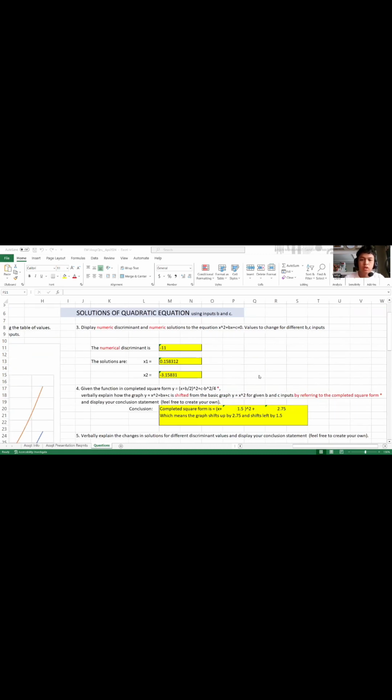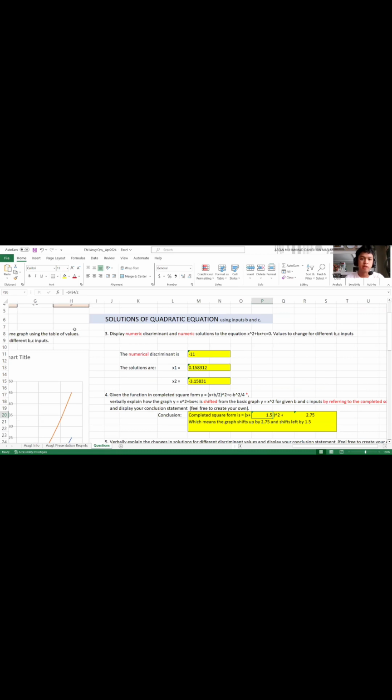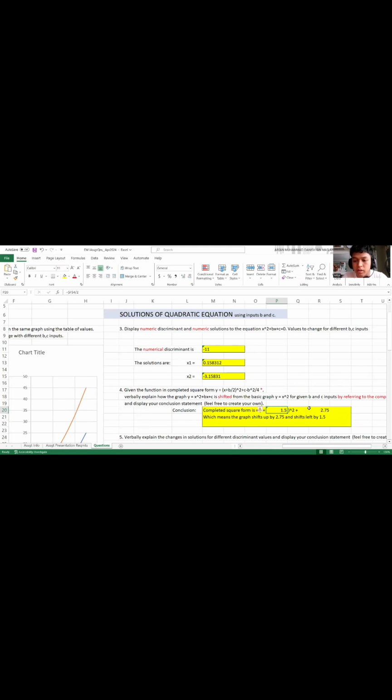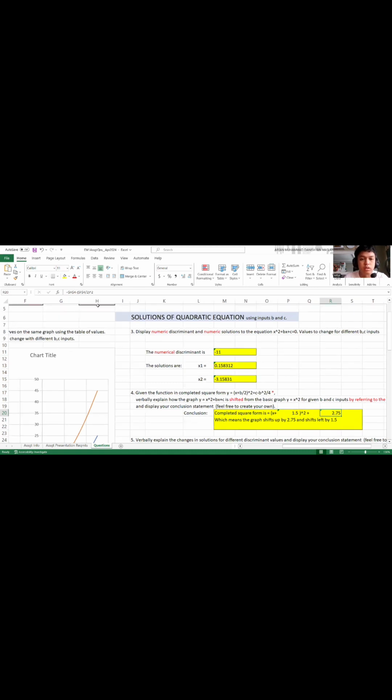Now, using the completing the square method, over here, following the formula right here, I took absolute position F4, which is 3, divided by 2 to find the number within the bracket. And for c, I use c minus the value of F4, which is 3 divided by 2, squared. 3 divided by 2 is 1.5.